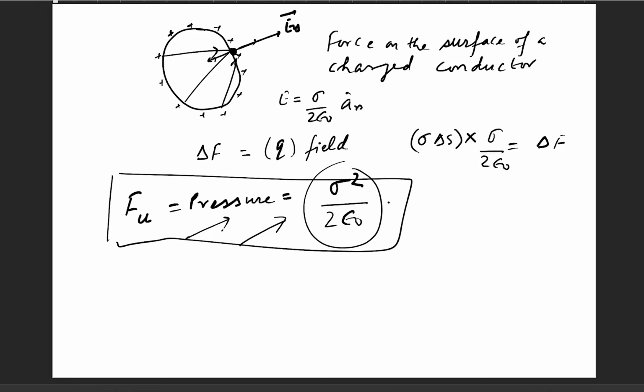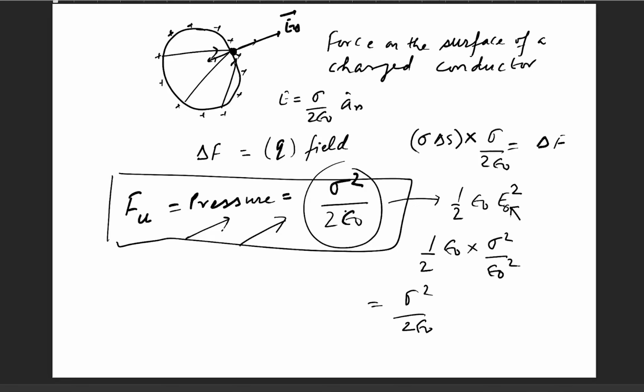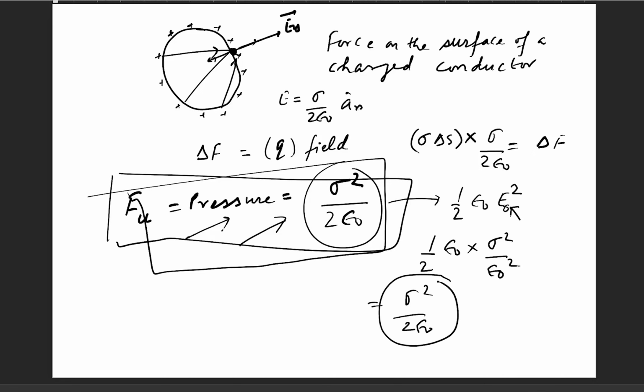Now we will see further that I can convert it to half epsilon naught E square, where this E is the resultant field. Let us see how. Half epsilon naught times the resultant field, which was sigma by epsilon naught, squared. So you see, I can write it as sigma square by 2 epsilon naught. So this pressure on the surface of the conductor is sigma square by 2 epsilon naught.